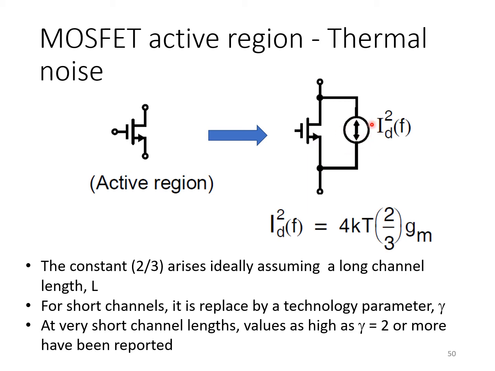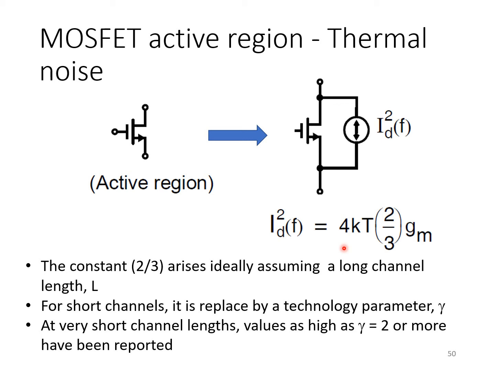This noise source captures the variations in drain current when the MOSFET is in the active region. It can have either polarity, of course, since it's a random signal.